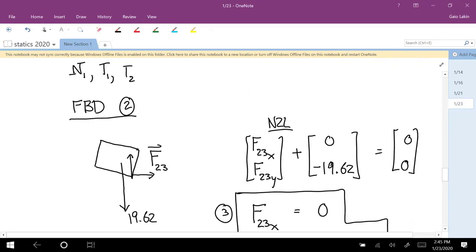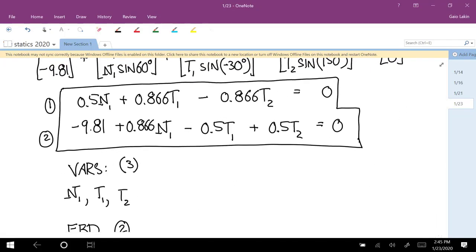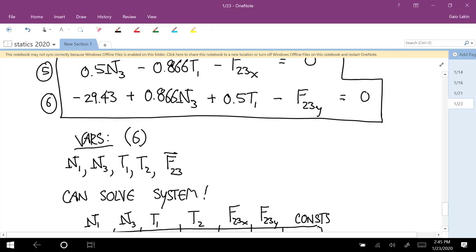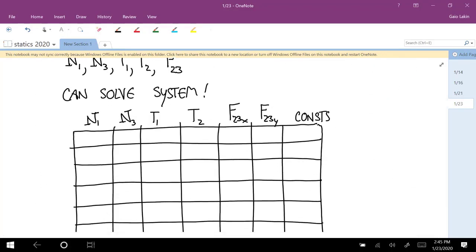And now we can go equation by equation. So equation 1, for N1, we have 0.5 of those. For T1, we have 0.866 of those. And for T2, we have negative 0.866. So 0.5 here, 0.866 here, negative 0.866 here, and everything else is zeros.